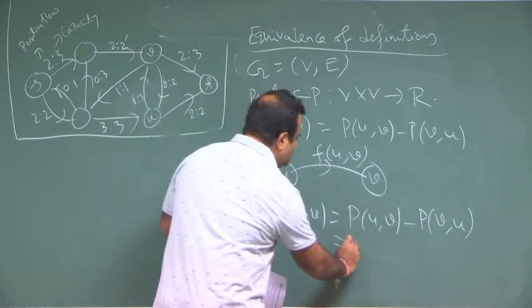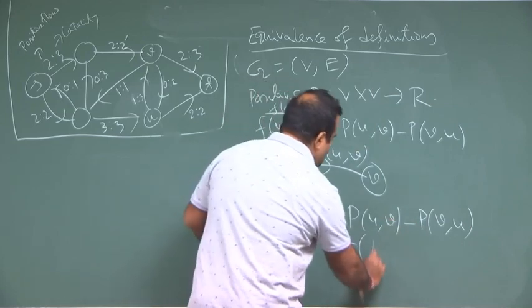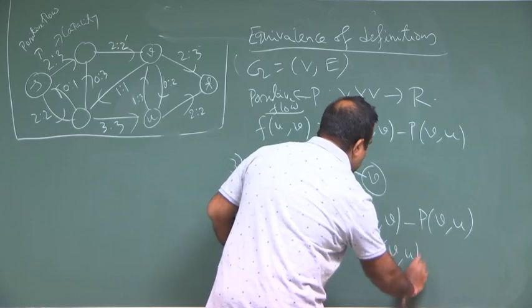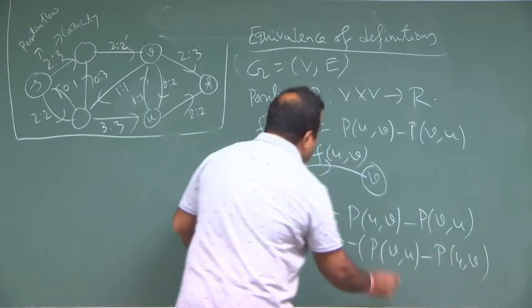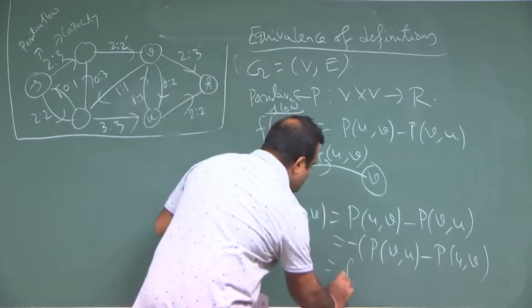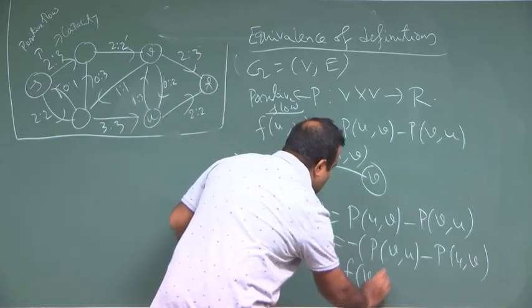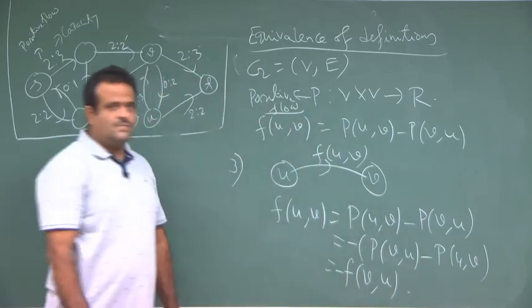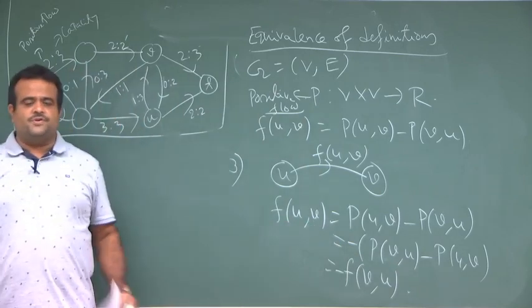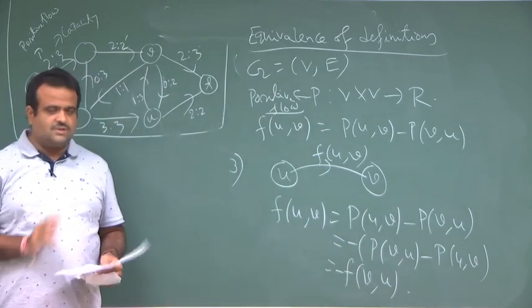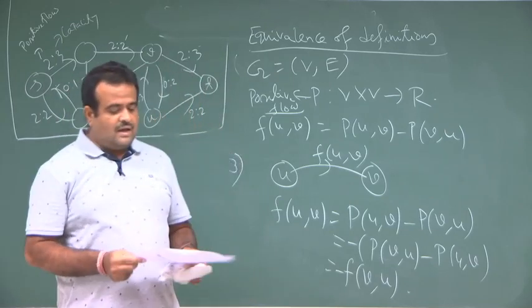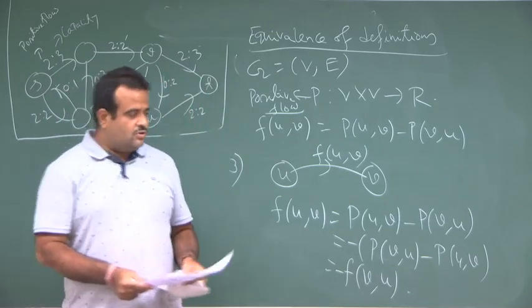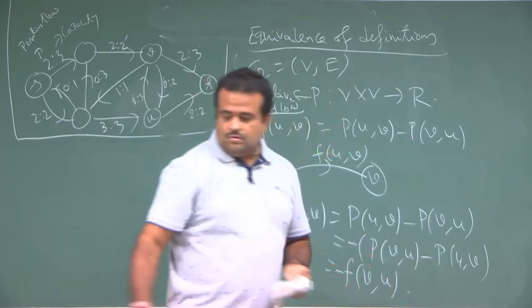We can take a minus outside: minus of p of v u minus p of u v. By this definition, this is nothing but minus of f of v comma u. So, this is the skew symmetric property. So, these three properties are satisfied, so this is nothing but a net flow.